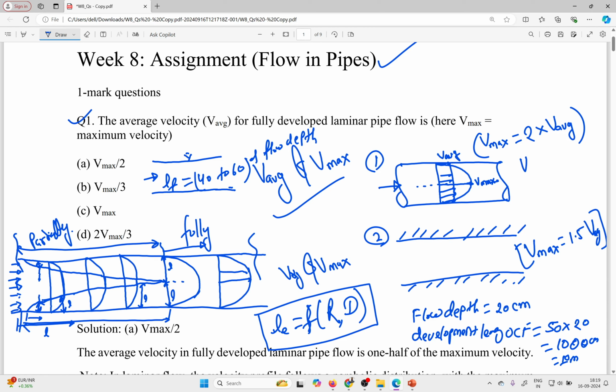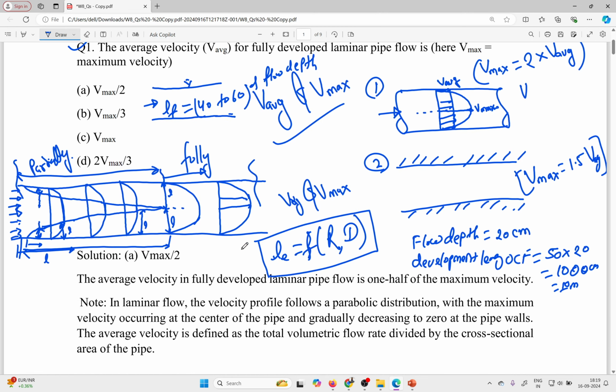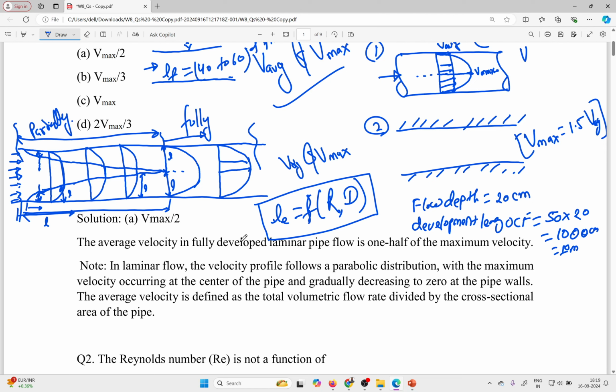For pipe flow, I will show you in the PPT I have. So here if you want to see the note point: in laminar flow, the velocity profile follows a parabolic distribution, with the maximum velocity occurring at the center of the pipe, gradually decreasing to zero at the pipe wall, because of the no slip condition.